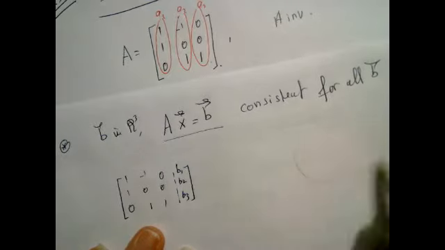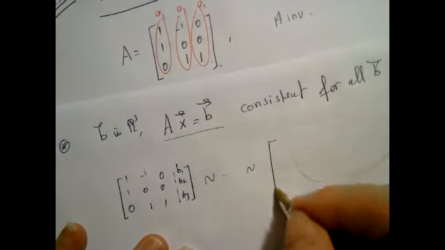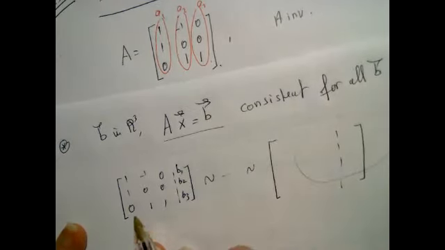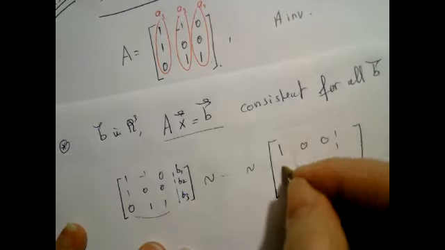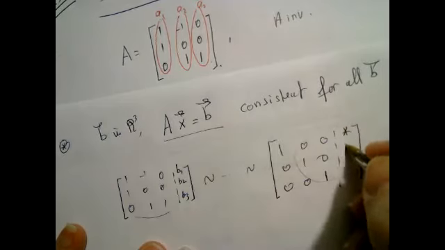Now, am I going to have a solution? It means, is there a way I can have inconsistency? And the answer, no. Because if I take my A and I start reducing, this is going to go here. And the B's, I don't know what will happen to them.